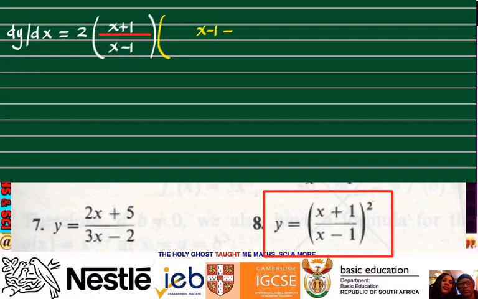And then minus, I derive the bottom, which is 1, times by the top x plus 1. This one I had to put in the brackets because of the minus that would affect those terms. And in the bottom you got x minus 1 all squared.